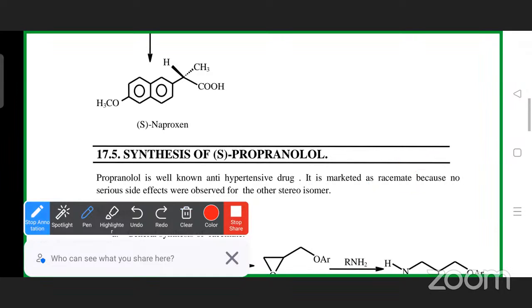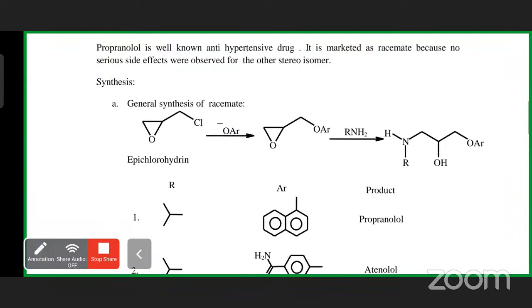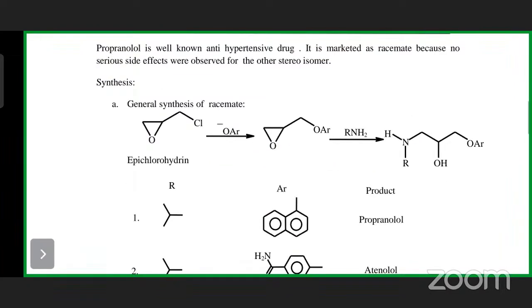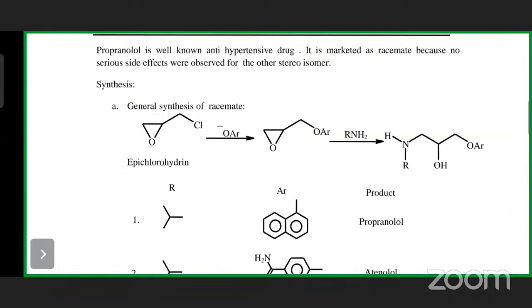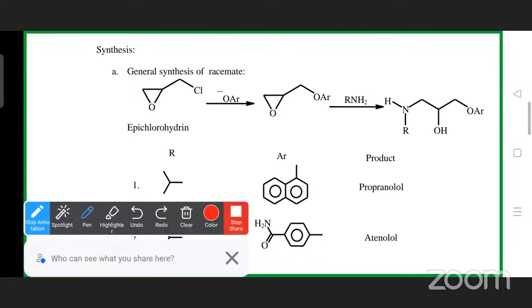Okay, and the synthesis generally here depends on the substituents, right? So we will get different propranolol derivatives here, right? So here this is the general formula of propranolol, the anti-hypertensive drug, and here is an R group, right?